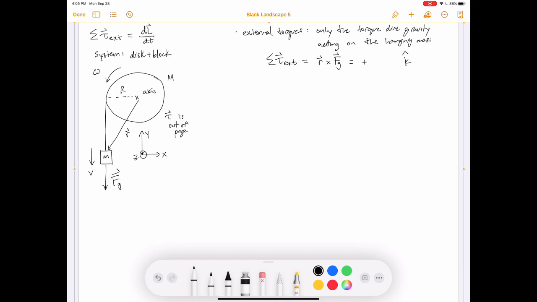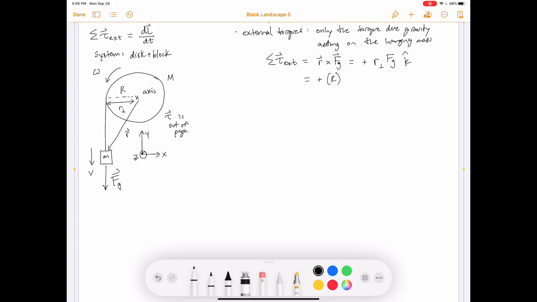But remember, as far as the magnitude of the torque goes, this can be written as r perpendicular times the force, where r perpendicular is the component of that r vector that is perpendicular to the force. In this case, that would simply be the radius of the disk.